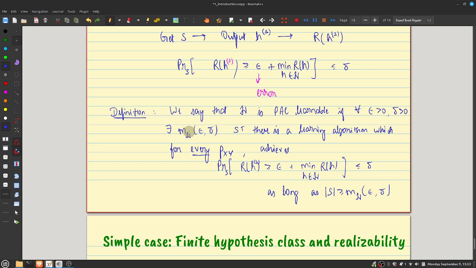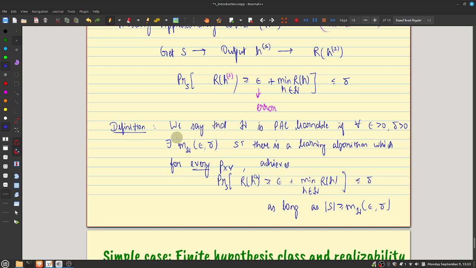You also want it to be a polynomial in 1 over epsilon, 1 over delta, and the size of H. So for example, you don't allow m to grow exponentially in the size. But in fact, we'll see that that is not really a terrible requirement, because in general, H could even be infinite. And that's really the more interesting scenario.